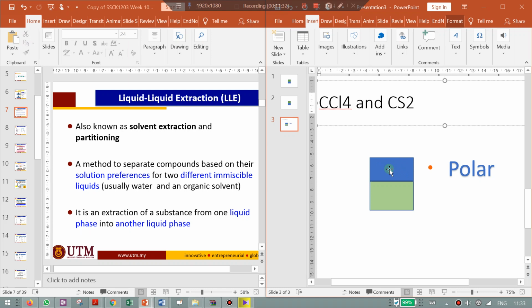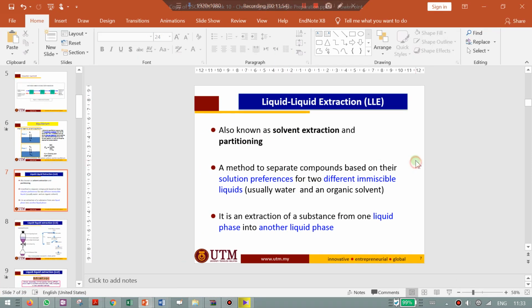So you play around with the polarity and you play around with the density. But to make them immiscible, you need to use the one that has opposite polarity compared to your sample. That is what we mean by a method to separate compounds based on their solubility preferences in two different immiscible liquids.